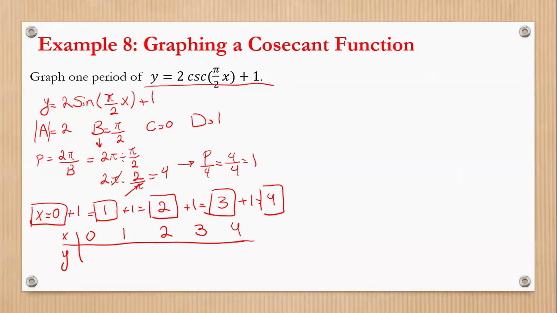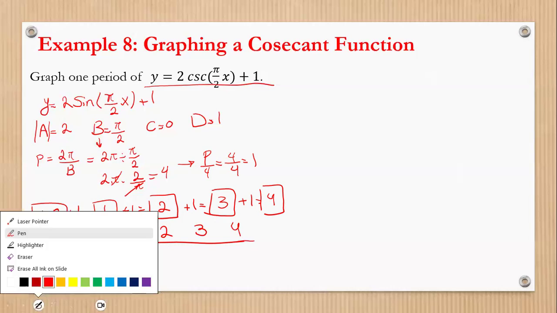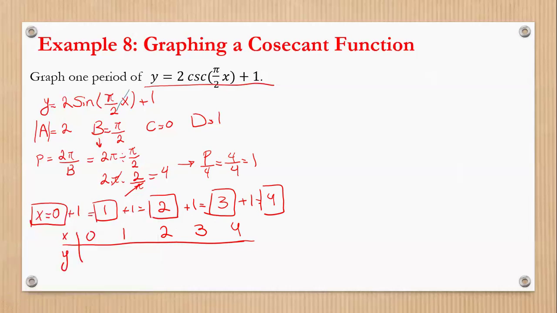If I replace x by 0 in this function, pi over 2 times 0 is 0. The sine of 0 is also 0, and 0 plus 1 is just 1. If I replace 1, pi over 2 times 1 is just pi over 2.